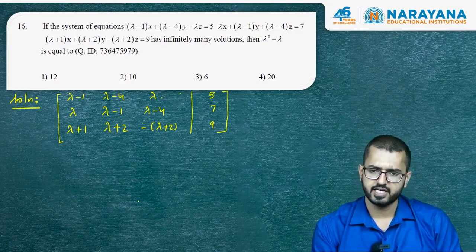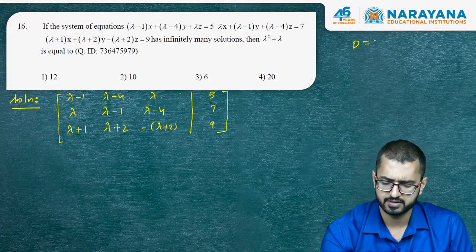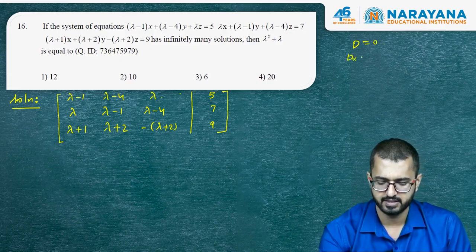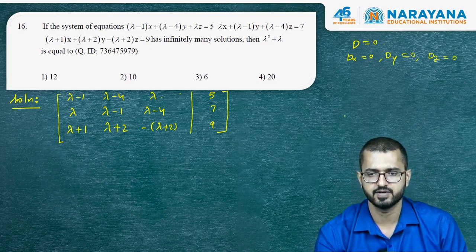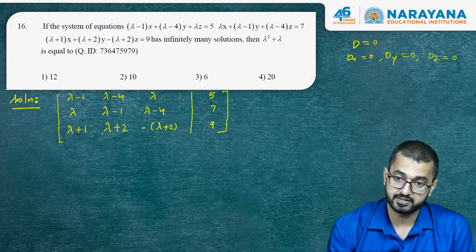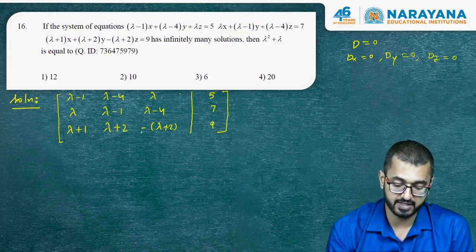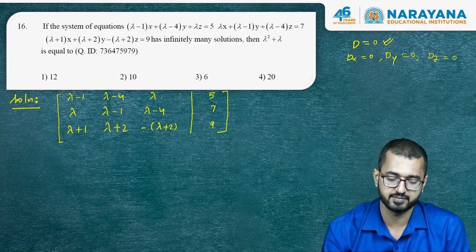Since it has infinitely many solutions, that means delta is going to be 0, and delta x is also 0, delta y is also 0, and delta z is also 0. Now if you see here, everywhere lambda is given. That means first of all our delta should be equal to 0, and delta x, delta y, delta z must be 0.